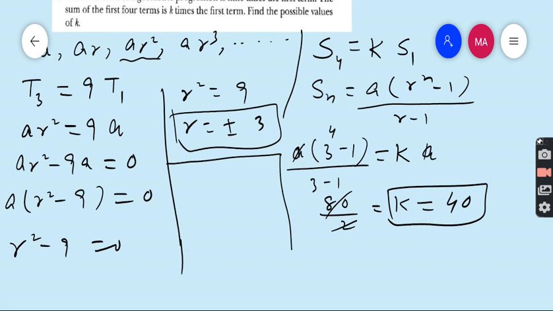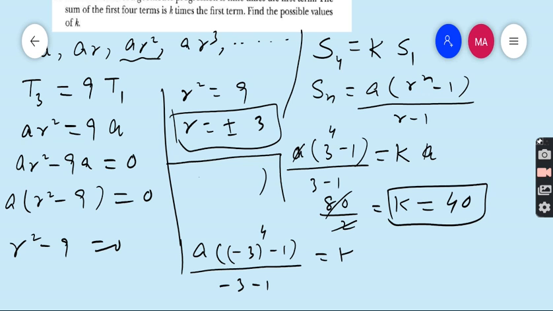Next, we will put r as negative: a into (negative 3)^4 minus 1, upon negative 3 minus 1, equals ka. I am doing it over here because there is no more space. a cancels a.